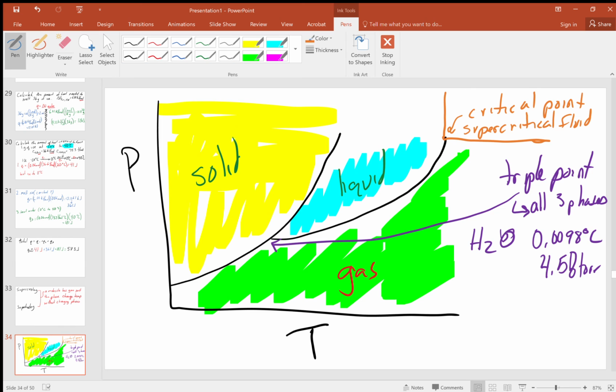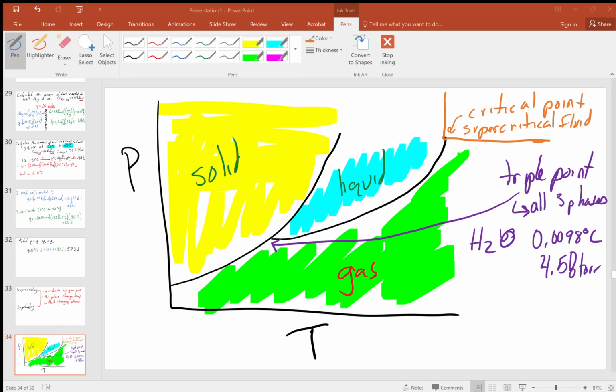What is a supercritical fluid? It's basically a point above where distinct phases don't really exist. And so there's actually a lot of very interesting properties that we find for compounds at that point. But again, well beyond the scope of this course.